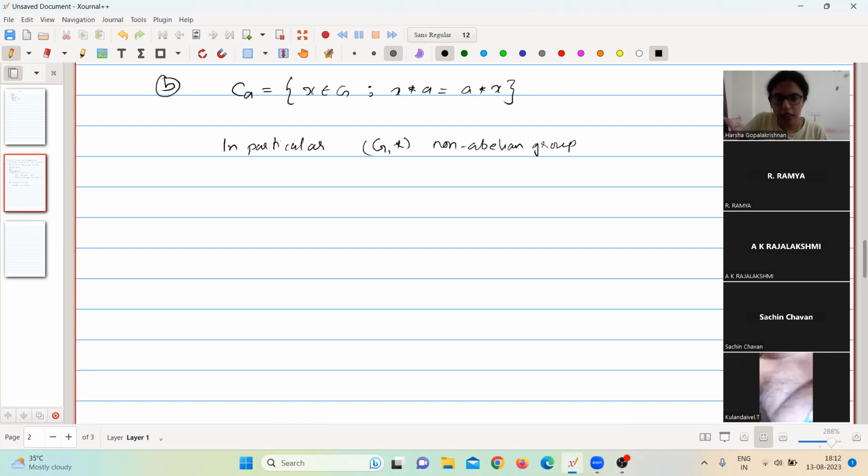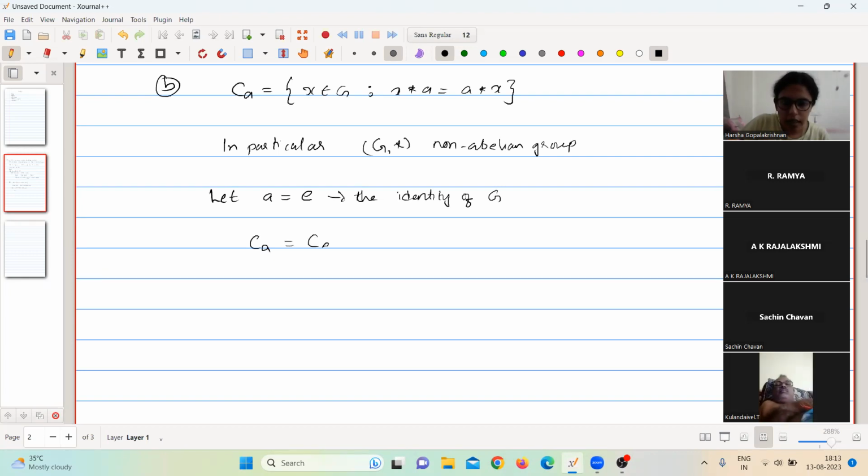That is, a non-commutative group. Now, let A, for example, be E. E means the identity element, the identity of G. Now, what is CA?